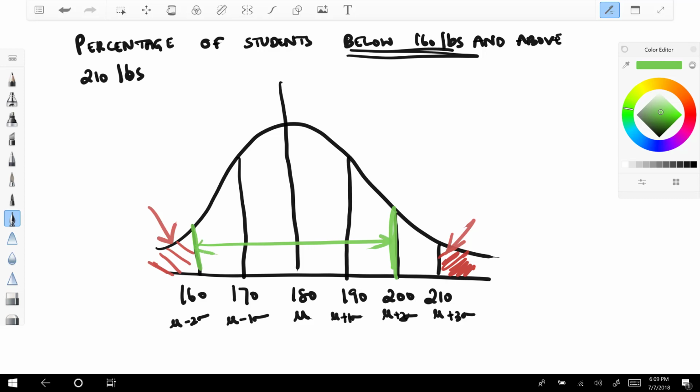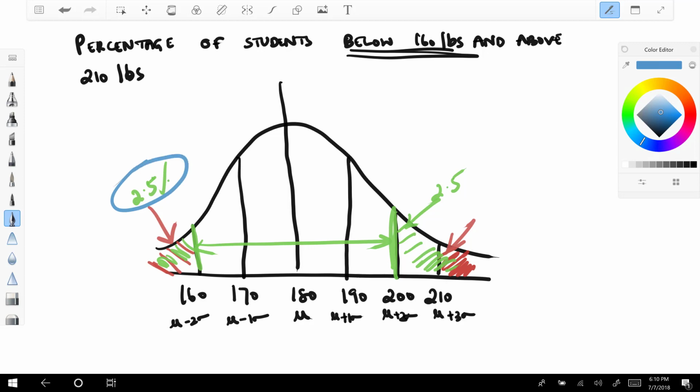So the remaining area, which is this plus this, should be 5%, this whole area. So this would be 2.5% and this would be 2.5%. So we got this side 2.5%.